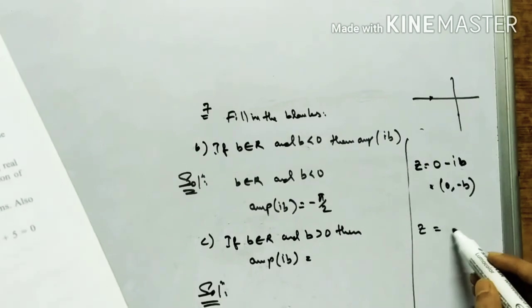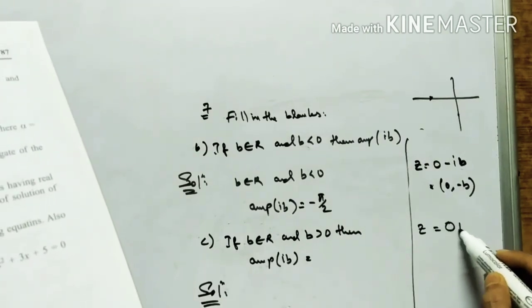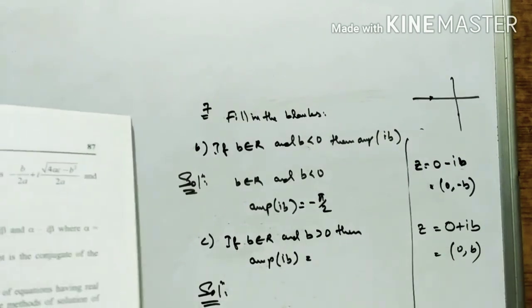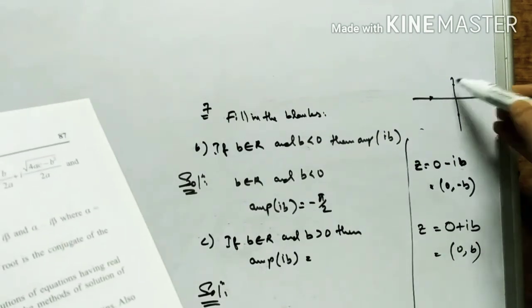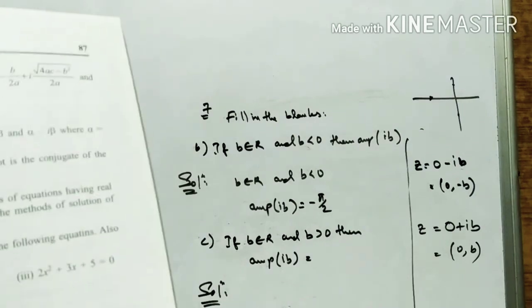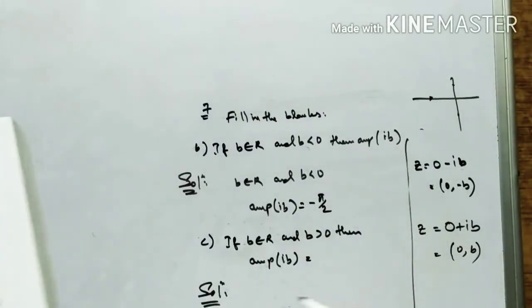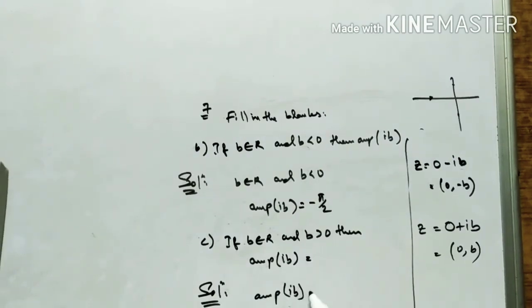I can write Z is equal to 0 plus iB, which is 0 comma B. This lies on the positive part of the imaginary axis, so the amplitude is pi by 2. The amplitude of iB will be pi by 2.